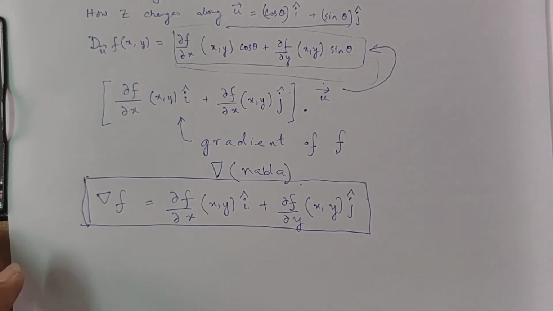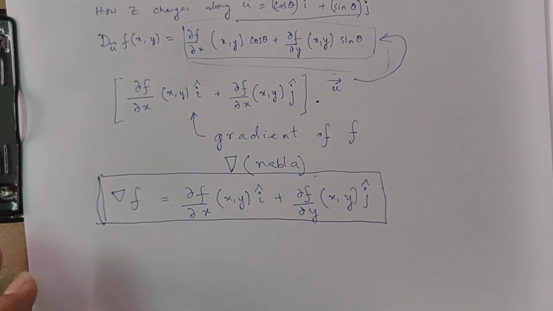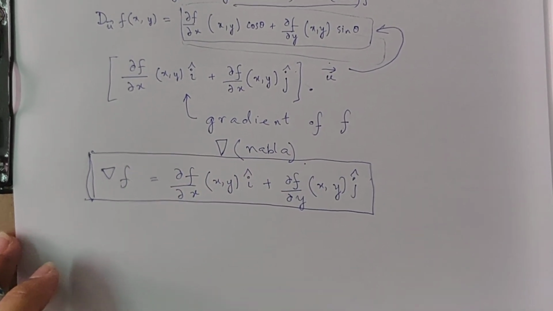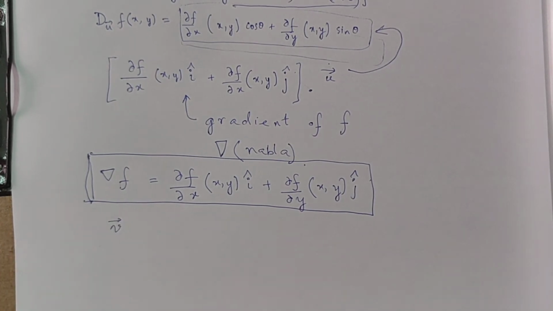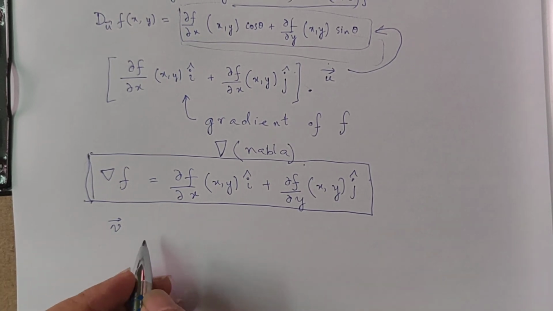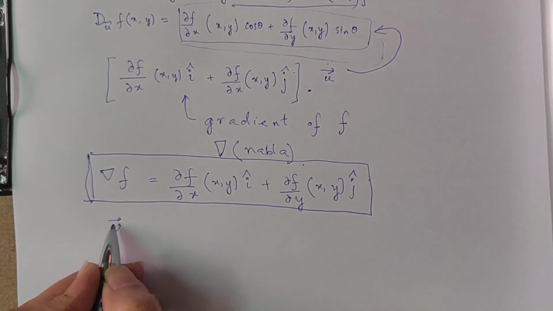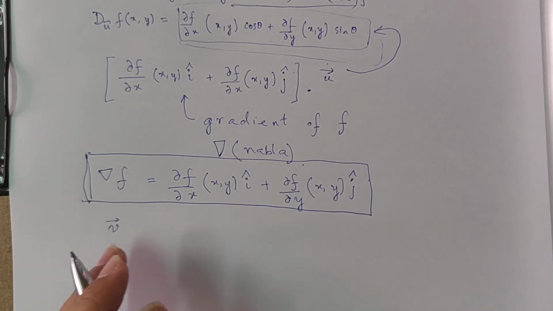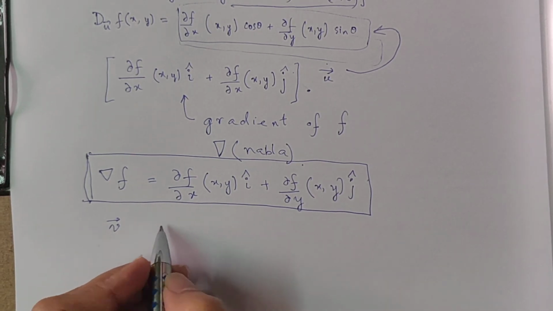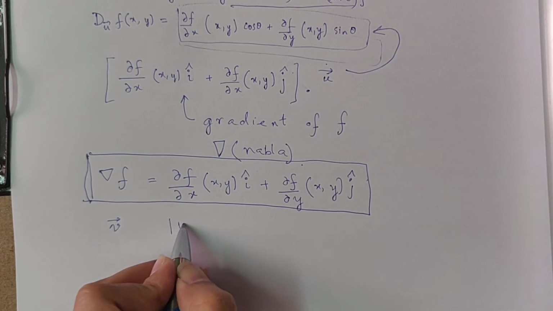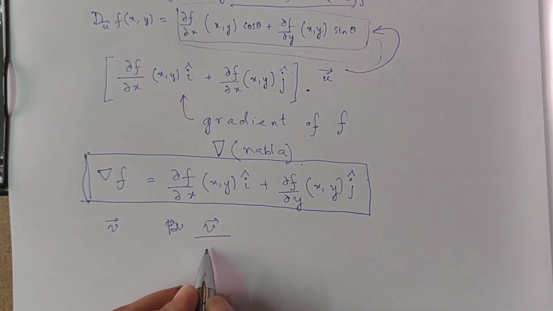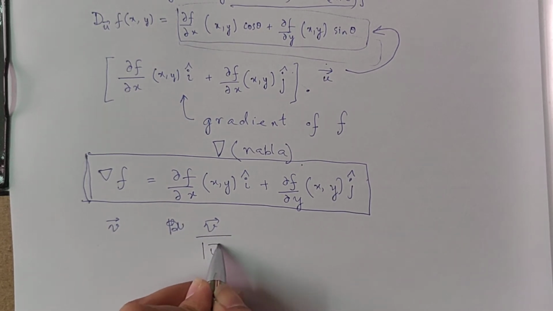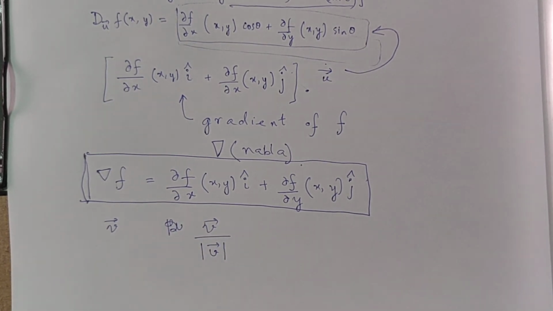Now, if I want to know the change of z along a direction v, what will I do? First, I will find the unit vector along this direction v. How do we find it usually? We take the vector v and we normalize it by the length of the vector.